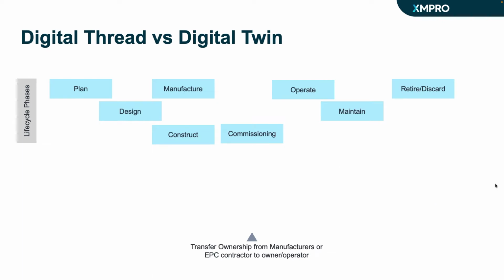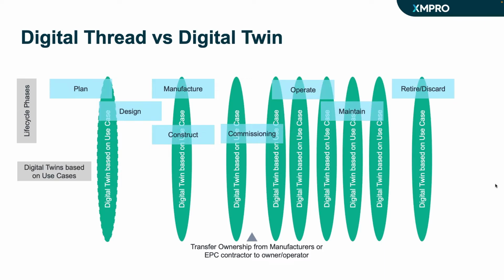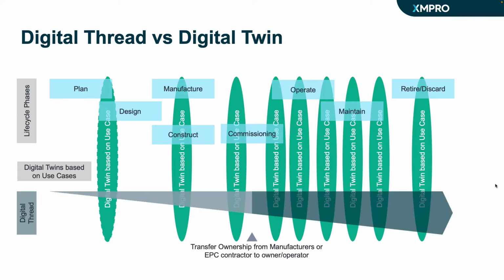Another question that we quite often get is what's the difference between a digital thread and a digital twin? And if we look at those life cycle phases, depending on how you represent them, digital twin use cases typically span across, they address a specific problem. You're hiring the twin to do a specific thing in that life cycle. And the digital thread is that digital breadcrumb that builds up data across all the different life cycles.